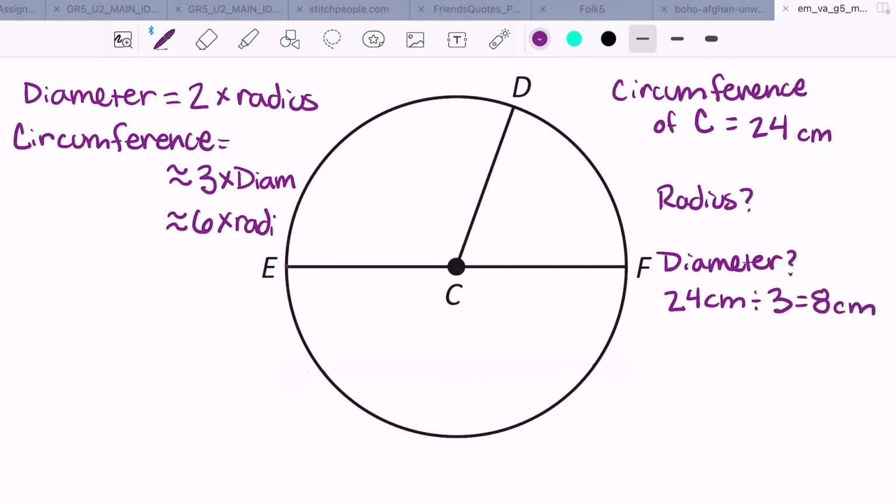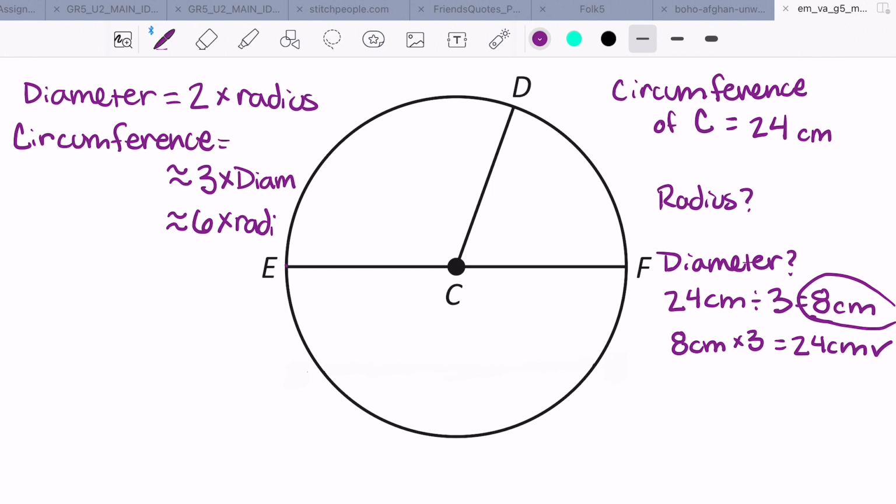So 24 divided by 3 is 8 centimeters. So the diameter here is going to be 8 centimeters. We can check it by multiplying 8 centimeters by 3, because 3 times the diameter is going to give us our circumference, and 8 centimeters times 3 is 24 centimeters. So that gives us our circumference there.